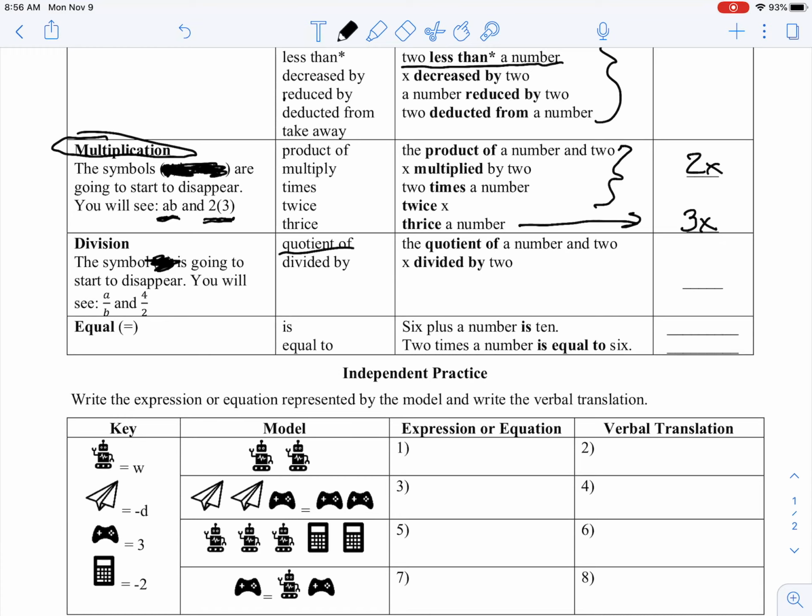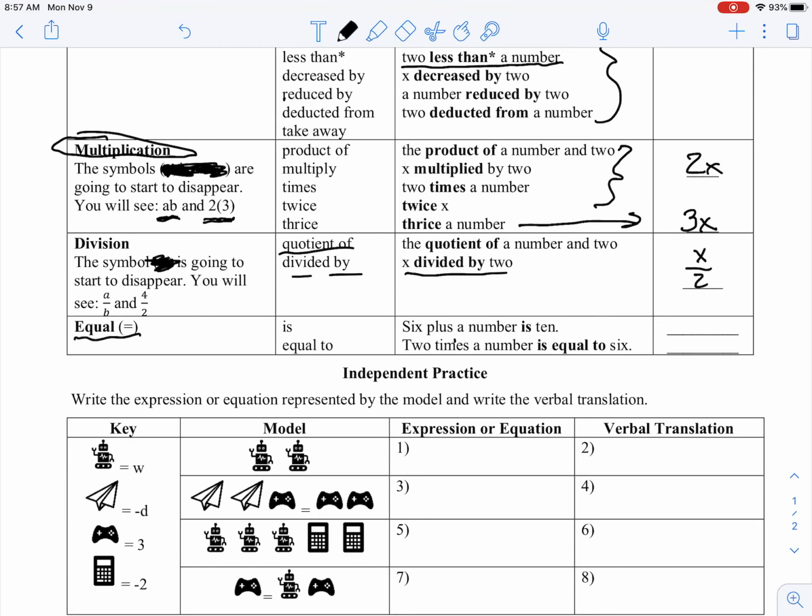The quotient of a number and 2, and divided by, as in x divided by 2, are ways that we show division. So we're taking some number x and dividing it by 2. We want to stop using our division symbol as much as we can and start getting used to this fraction idea.